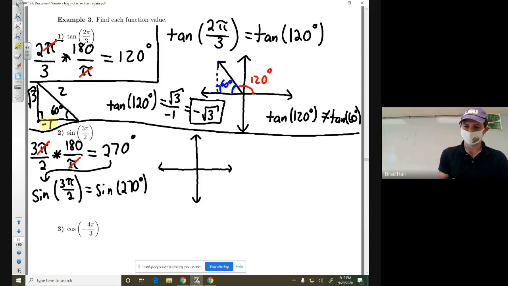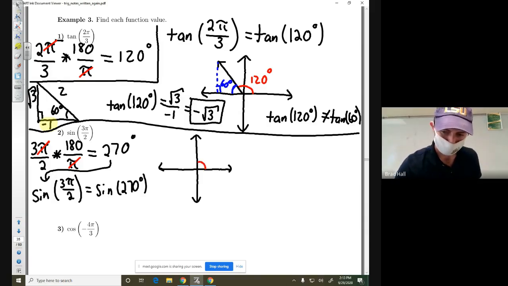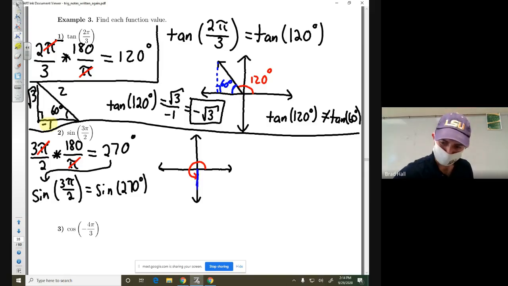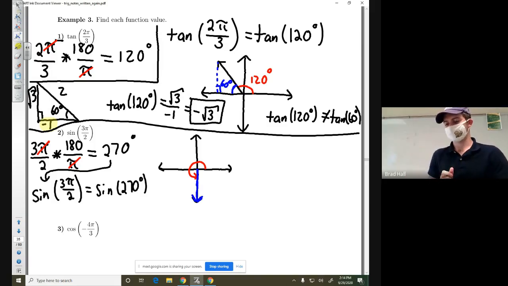It is a quadrantal angle, because 90, 180, 270. And I'll use blue to really emphasize it here. 3 pi over 2, or 270 degrees, is a quadrantal angle, which means that the terminal side lies on one of the axes, as I illustrated in blue. Because of this, we can't make a triangle. So we can't use the triangle, which means we have to use the quadrantal specific method of determining sine of 270.